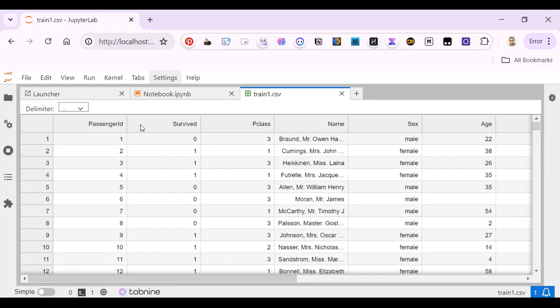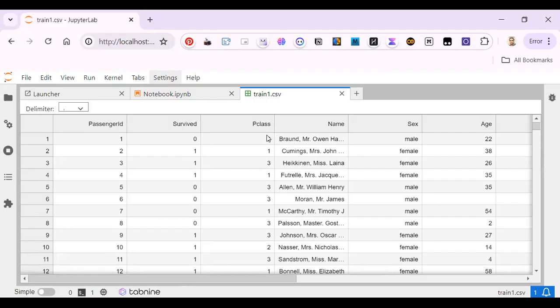For example, I will explain: passenger ID, and survived means this person is alive; Mr. Braund and so on, and this person survived. How they survived doesn't matter, whether they took a small ship or were swimming and waiting for someone to help. Ultimately, this person did not survive, and this person survived.